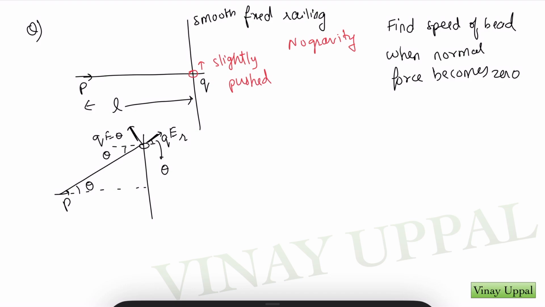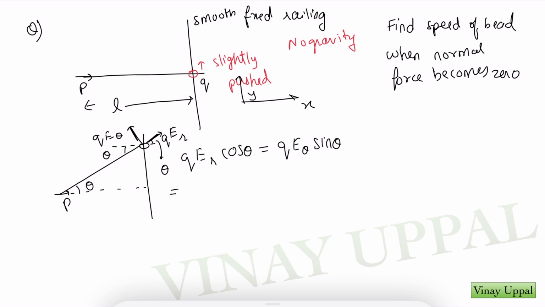Let's say this is the x direction and this is the y direction. In the x direction the bead has 0 acceleration because the bead can only move in the y direction along the railing, and therefore the forces in the x direction should cancel out. So can I write qE_r cos theta should cancel out qE theta sin theta. These are the x components of qE_r and qE theta.